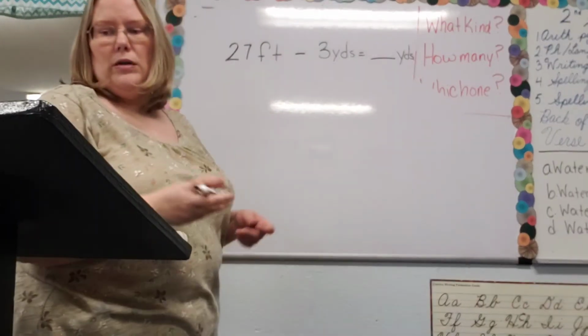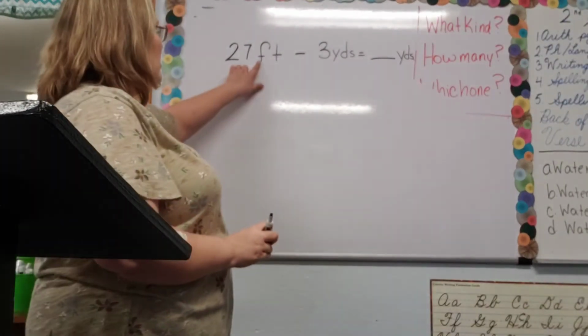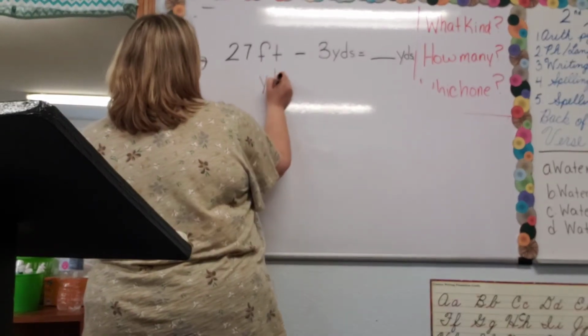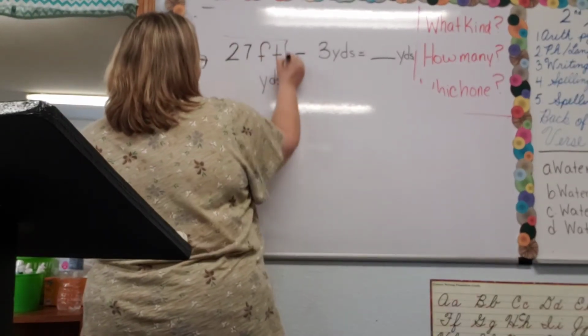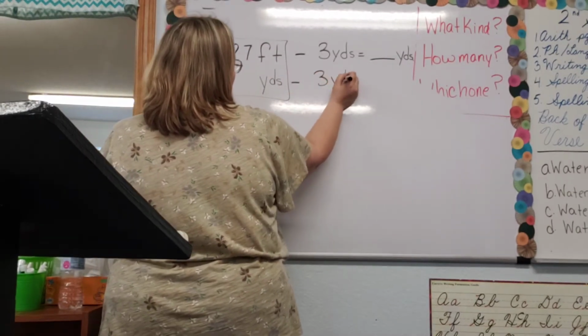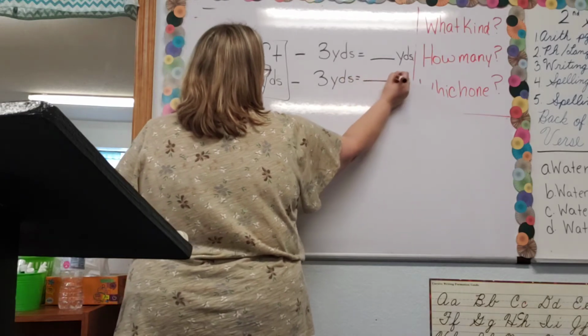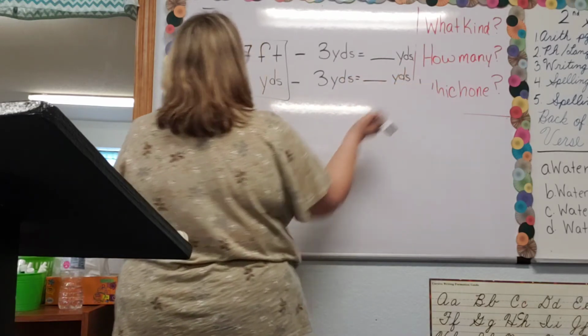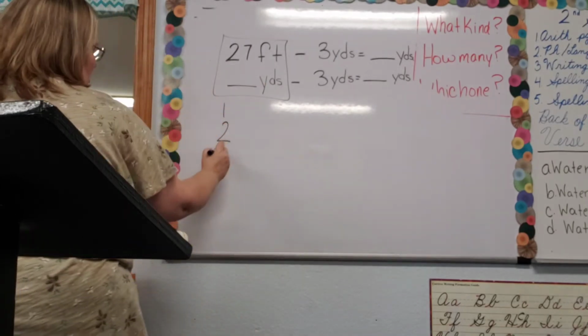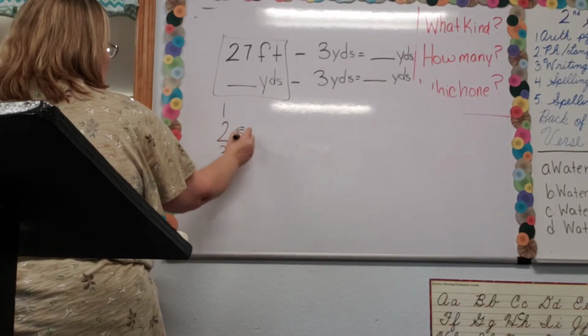Okay, so we're going to go to the one that's different. This is feet. We need to turn it into yards. This is the one that we box. We minus our 3 yards. And then we're going to find out how many yards. So we do our 1, 2, 3, special number.